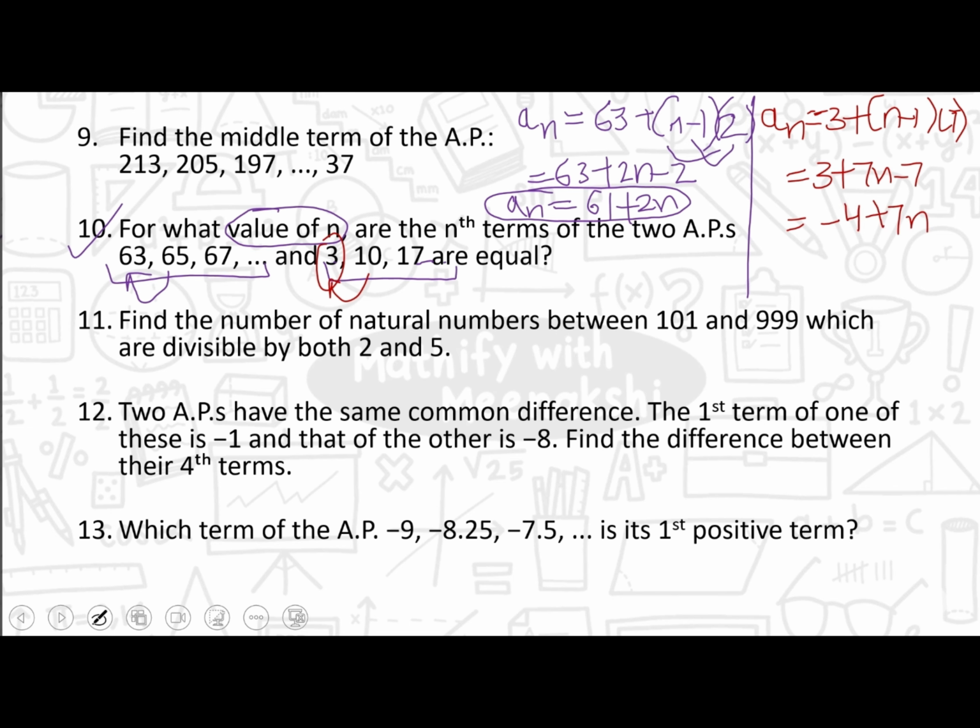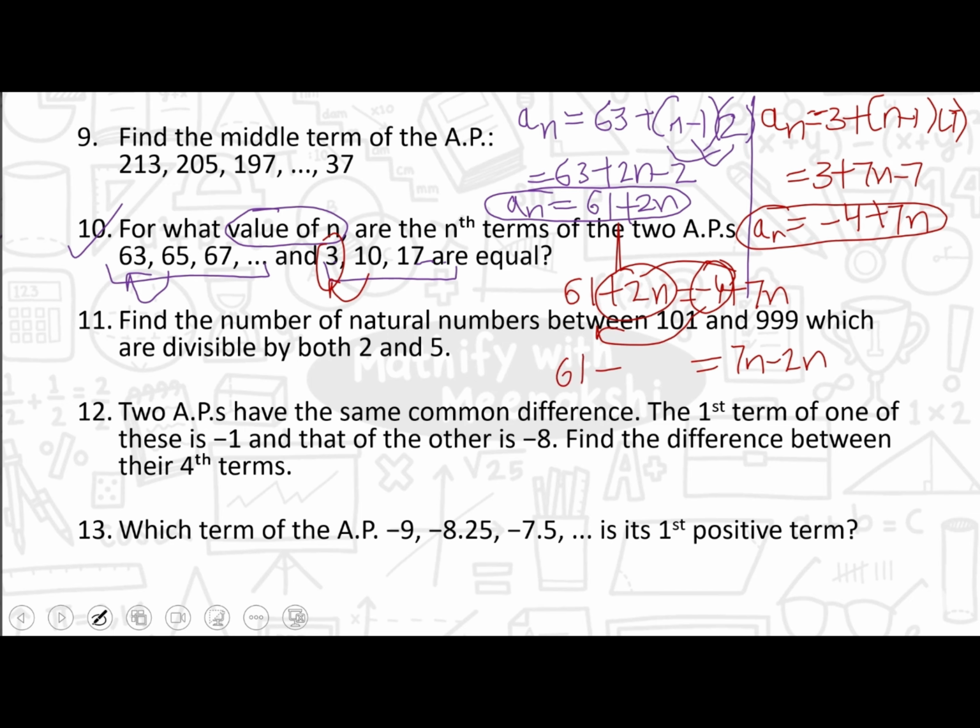So now what we have to do? We have to equate both the things because they said that the nth term is the same. So I can write 61 plus 2n is equal to minus 4 plus 7n. Now we are moving n to one side, so it becomes 7n minus 2n, and numbers to one side, minus 4 you can move to the left side, that is 61 plus 4.